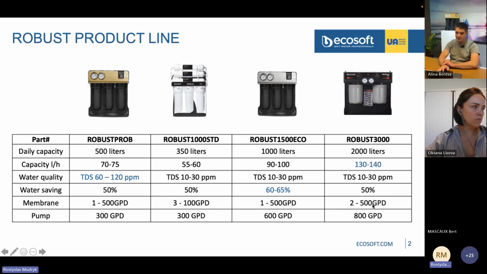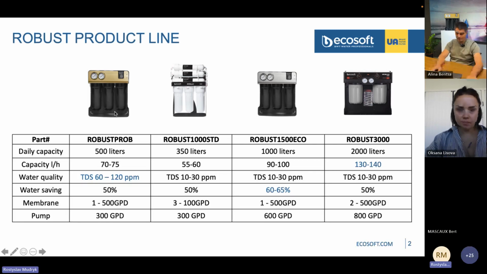And we have 2 membrane elements of 500 GPD for Robust 3000. And also we have different pumps. You may see the pumps here. It depends on the capacity, on the size of the unit. We apply 3 types of pumps, 300, 600, and 800 GPD. This is the capacity of the pump.